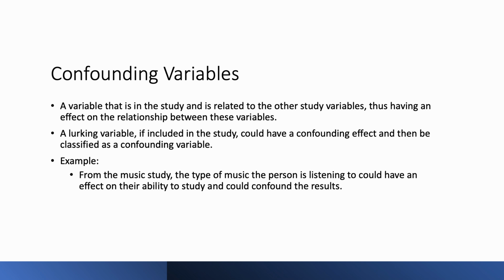So if a lurking variable is included in the study, it could have a confounding effect and then be considered a confounding variable. So if we did think about, oh, maybe we should take into account the knowledge of the subject beforehand and try and pick something that people don't really know that well, but we don't do a whole lot of foresight into it.